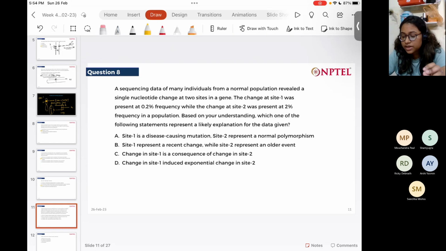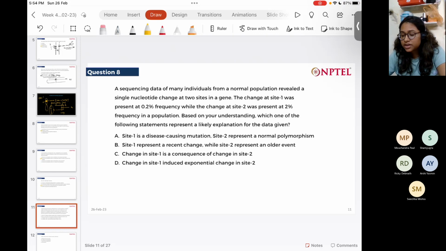The change at site 1 has a frequency of 0.2%, whereas the change at site 2 was present at 2%. One was 0.2%, another was 2%.